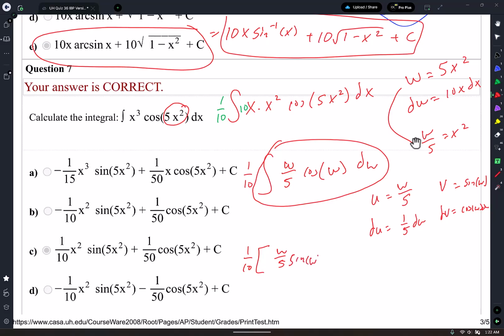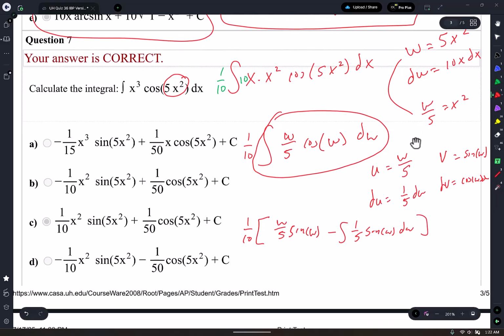Sine w, I don't see any issues, minus integral of v du. I have a 1/5 on the outside, or you can write the 1/5 on the inside, it doesn't really matter. Integral of 1/5 v du, sine w dw. Okay, I think we're good, guys.